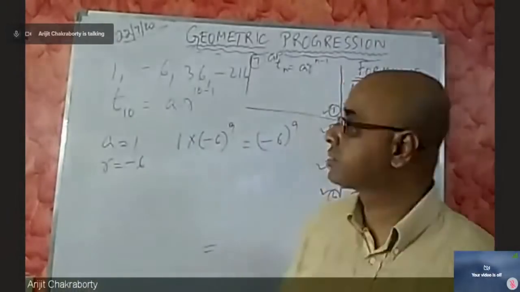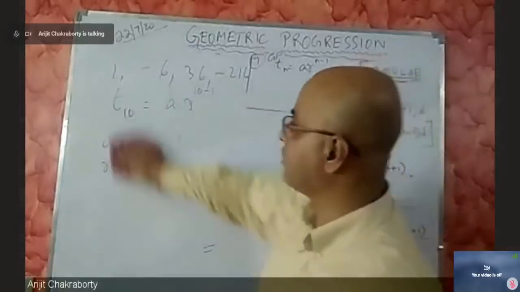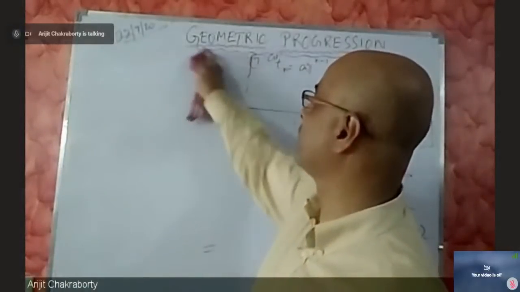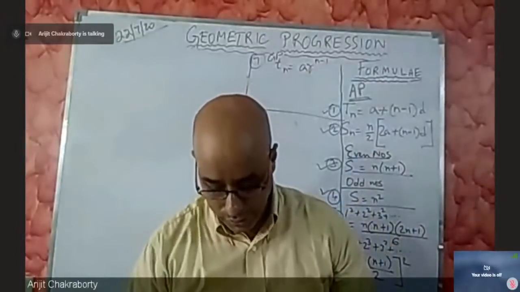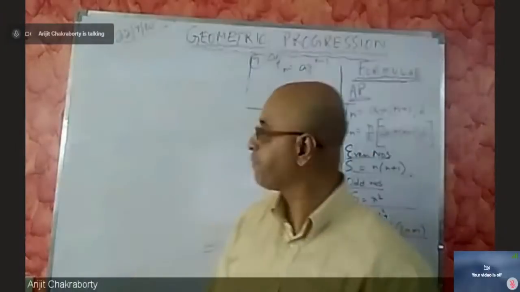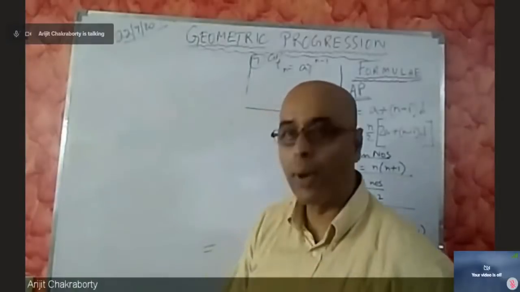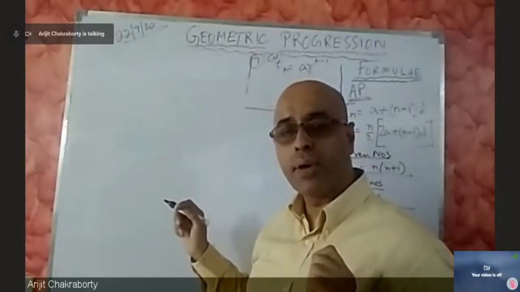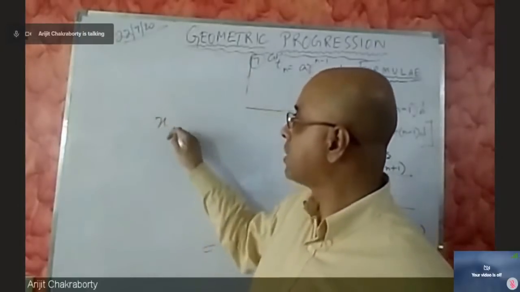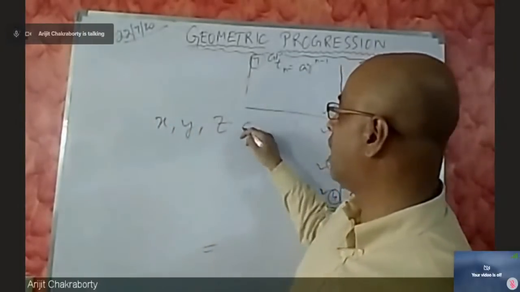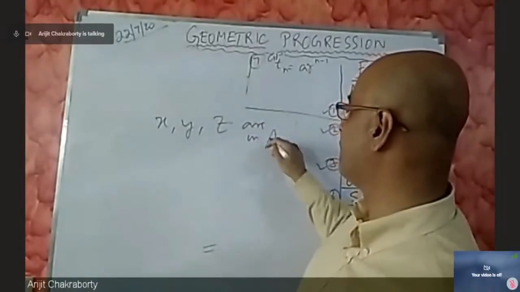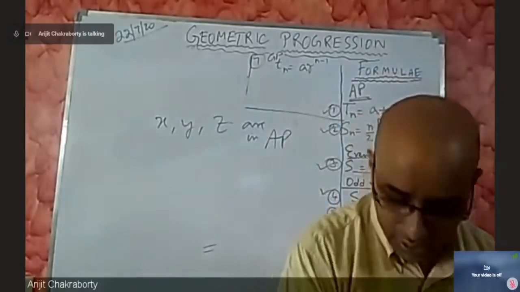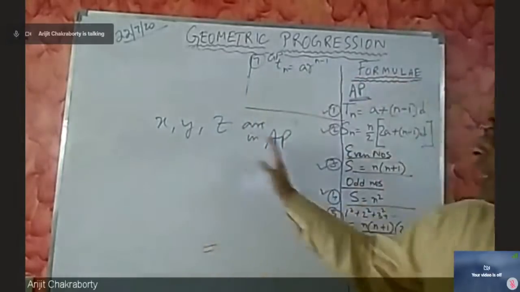Now we go to the second relation, and that is geometric mean. Okay. You remember arithmetic mean. If I say that X, Y and Z are in AP, they are in AP, not GP.